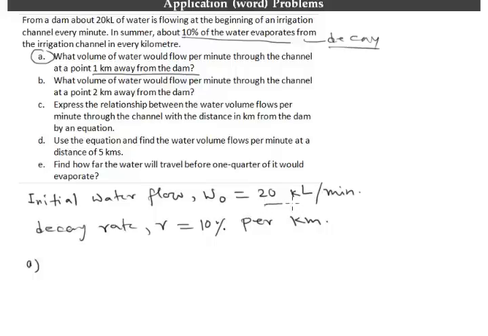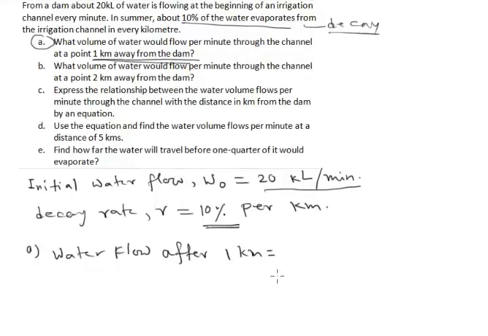This is the water flow rate at the beginning of the dam. After 1 kilometer, 10% of the water will be evaporated. So the water flow after 1 kilometer will be the initial water flow W naught minus 10% of the initial rate W naught.